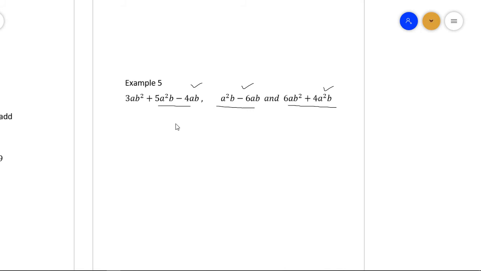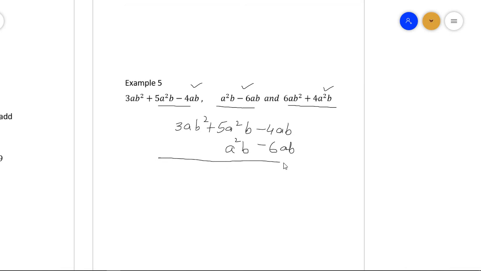Okay, write the first polynomial, which is 3ab square plus 5a square b minus 4ab. Now next move to the next polynomial, a square b minus 6ab. Is there any a square b? Yes, here it is. So we will write a square b right below 5a square b and minus 6ab right below minus 4ab.